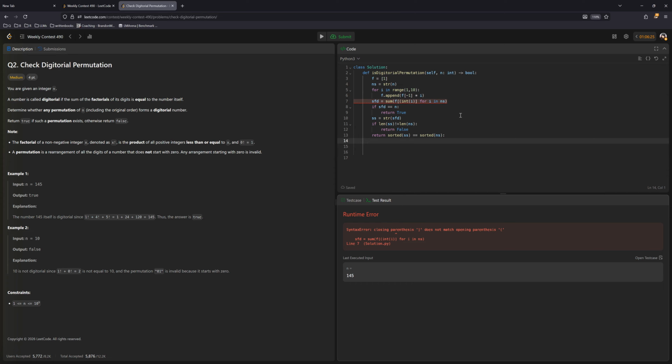Closing parenthesis does not match open. Invalid syntax.